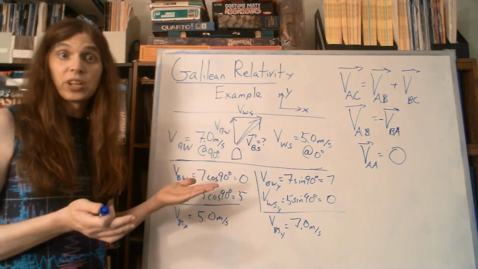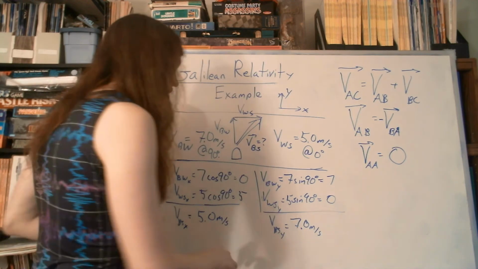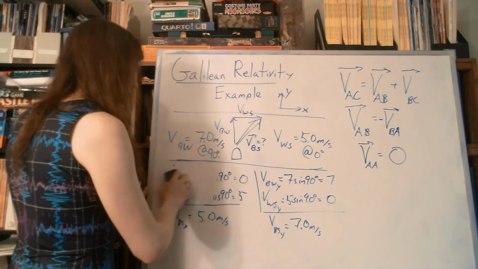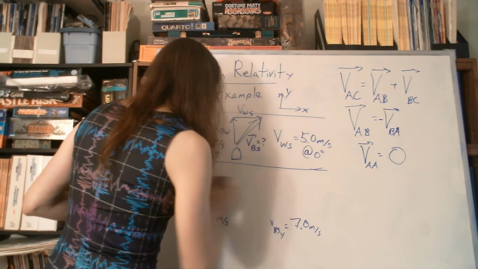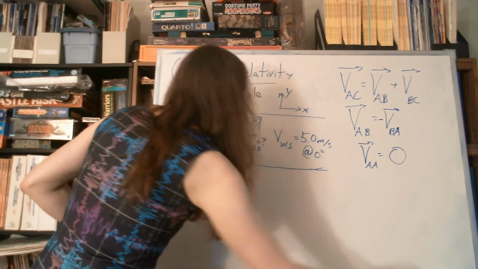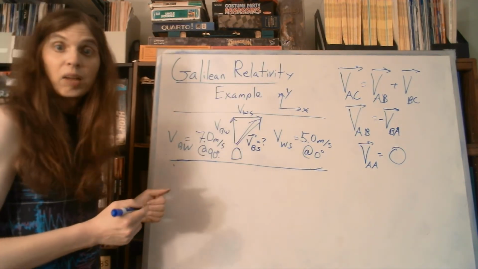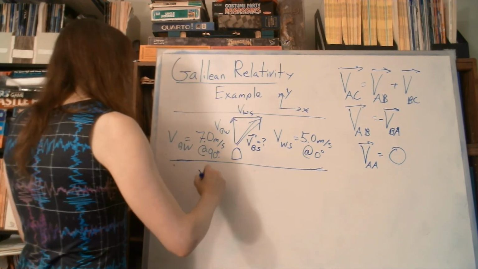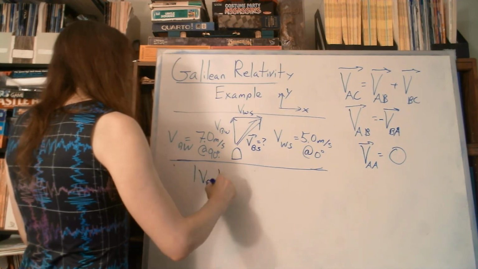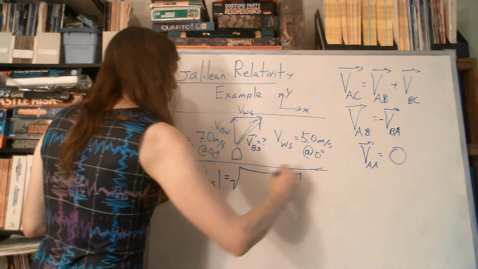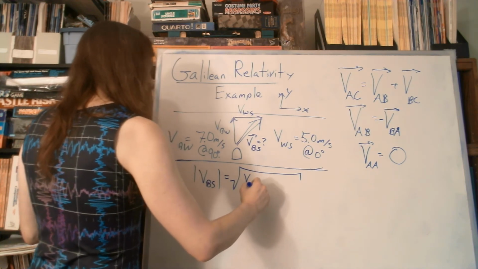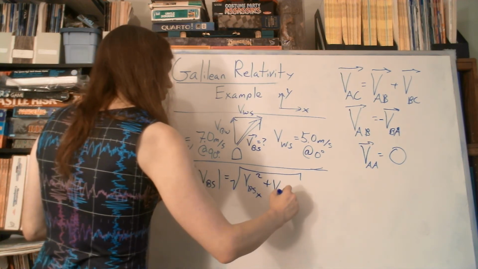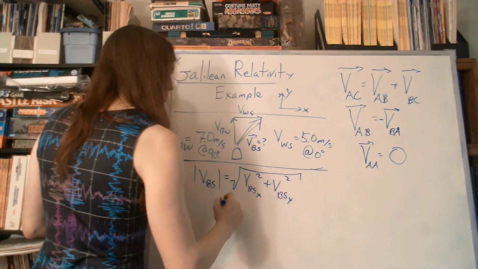So now we add the vectors together like we would for any situation. We essentially need to find the length of that hypotenuse to find the speed, the magnitude of our velocity. The velocity of b with respect to s gets to be the square root of the velocity of b with respect to s in the x direction squared plus b with respect to s in the y direction squared.